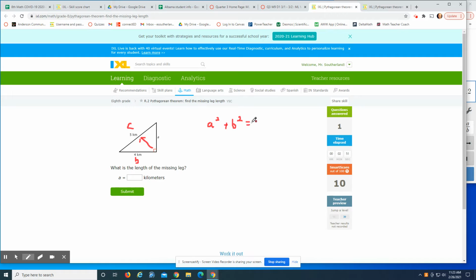Then I just plug in what numbers I've got for my labels. A is just simply A, so A squared stays A squared. This would be B, so it's plus 4 squared. This is C, which is 5, so it would be 5 squared.